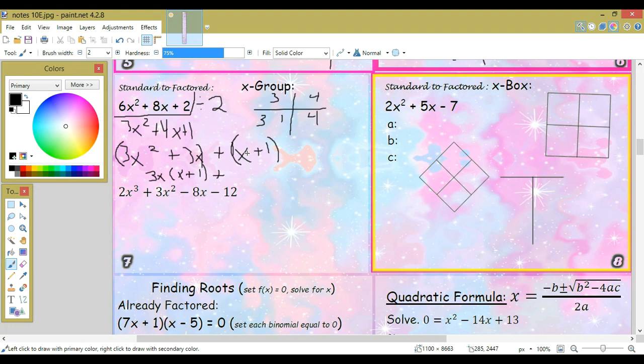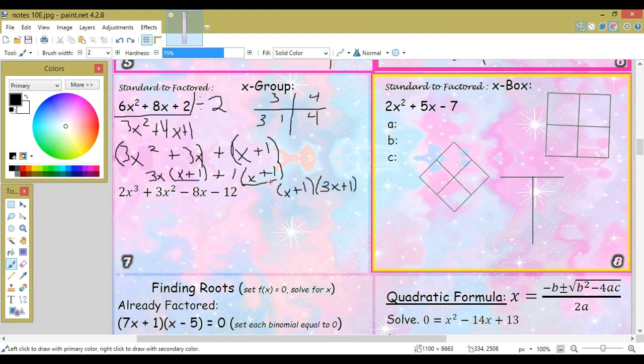Our greatest common factor of x and 1 is only 1. So if we factor out the greatest common factor of these two terms, it's x plus 1. So we take out x plus 1 and put it on the outside. What's left on the inside is the 3x and the plus 1.